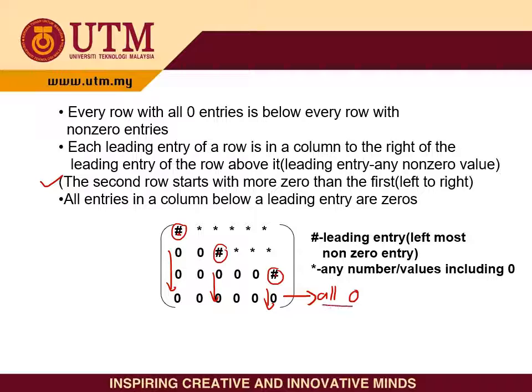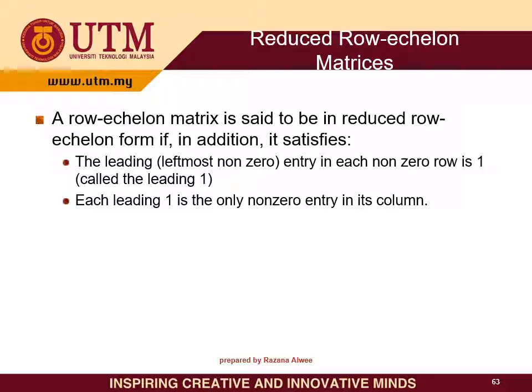All 0 rows must be the lowest, each leading entry must be on the right of the previous row's, and under the leading entry, the column must be 0. Then it will be called the row echelon form.